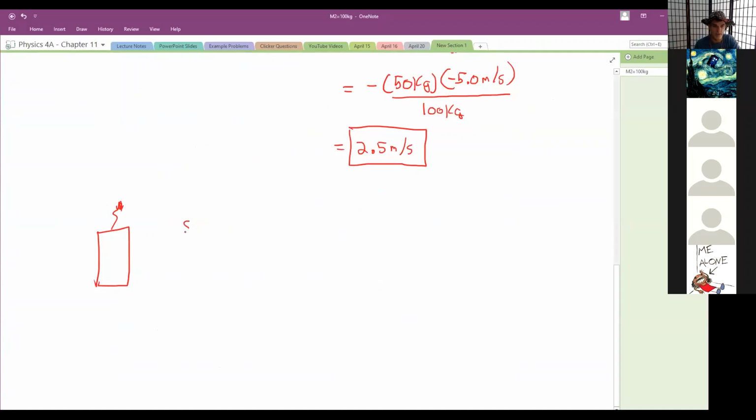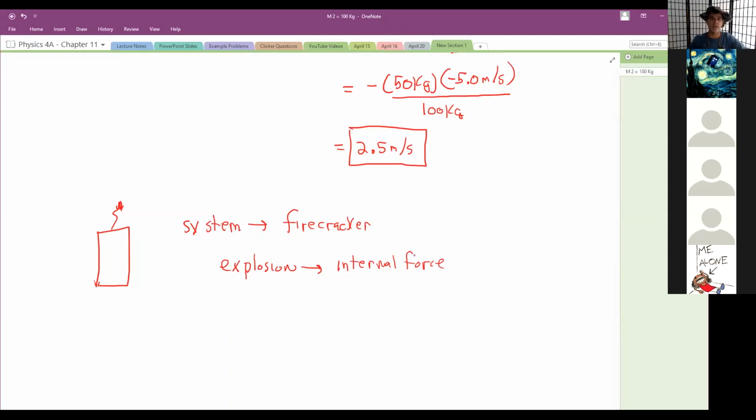If I define my system as basically just the firecracker and everything in it, then here's the thing. Whatever causes the explosion, since it was internal to the firecracker, is going to be an internal force. So if I define my system as just the firecracker, and let's say it's out in space far from anything, then there's going to be no external forces, which means whatever caused the explosion is an internal force.